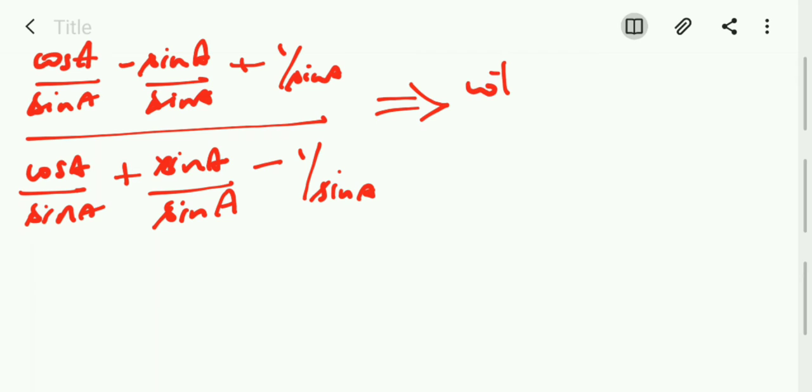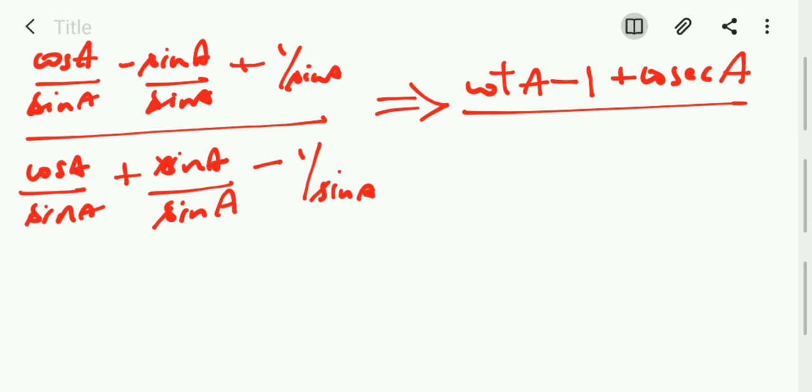It gives cot A minus 1 plus cosecant A, and this gives us cot A plus 1 minus cosecant A. Now, cot A plus cosecant A minus 1, over cot A plus 1 minus cosecant A.